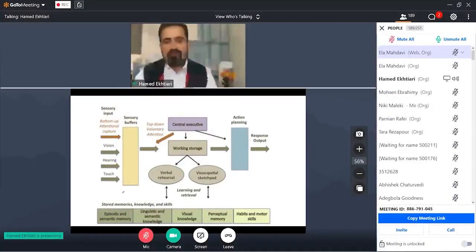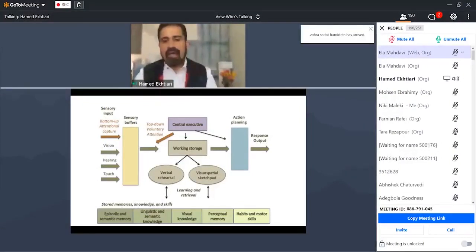All that information is recorded in what we call memory, knowledge, and skills. Some of these functions are, for example, episodic memory or semantic memory. These are what we call declarative functions.